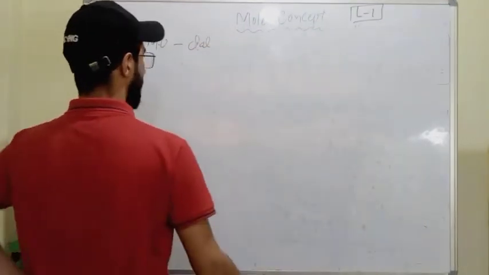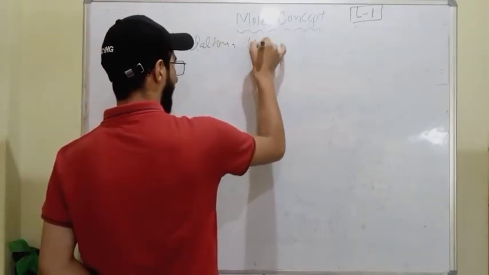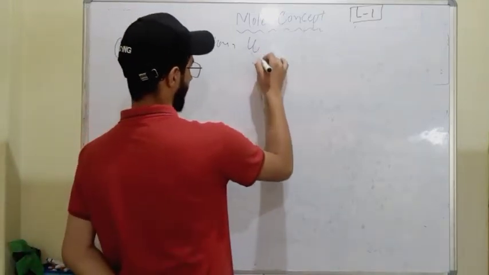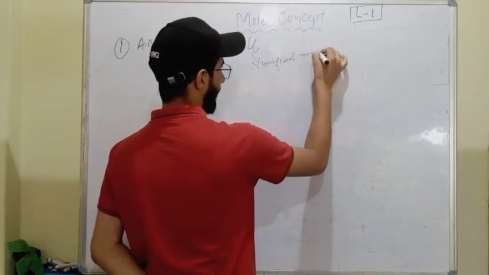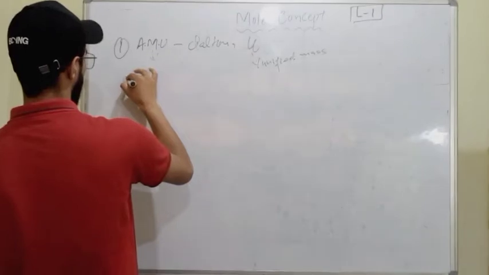Sometimes we use the term Dalton too, and in modern times we use it as u, which means the unified mass, and AMU means the atomic mass unit.